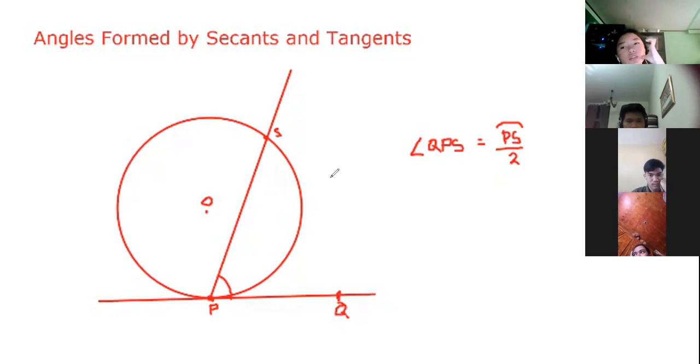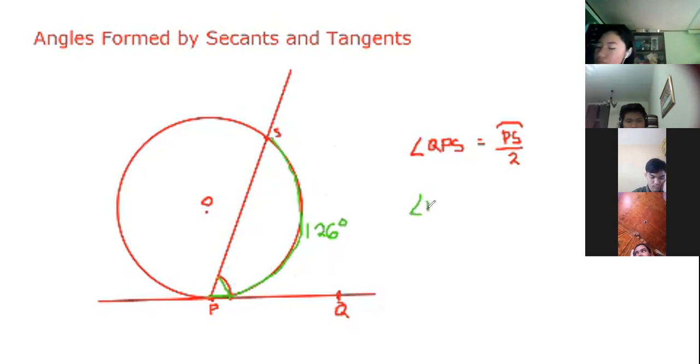So, for example, we have here arc BC. So, arc BC is 126. This one is 100. So, arc PS is 126. Then, find the angle of PQS. Diba? If this arc is measure 126, so what is the measure of arc PQS?